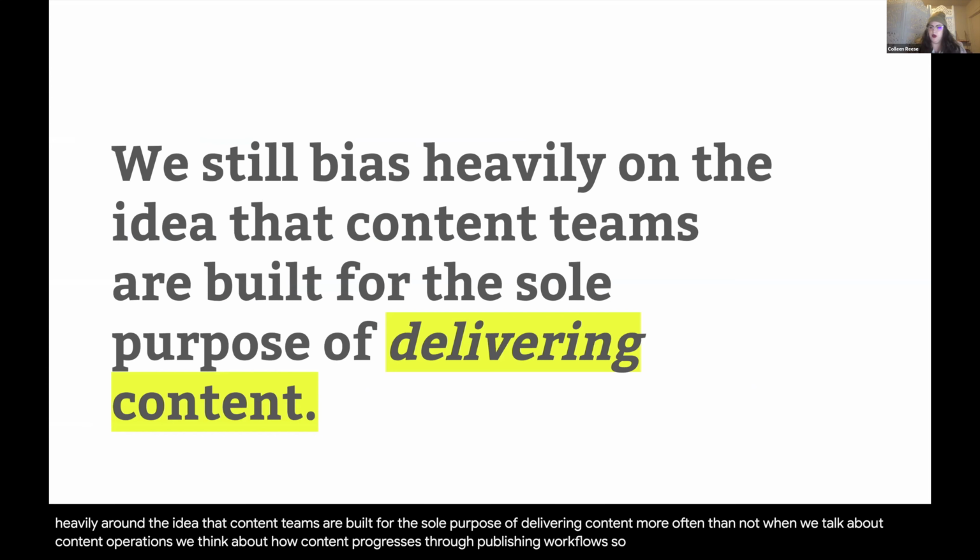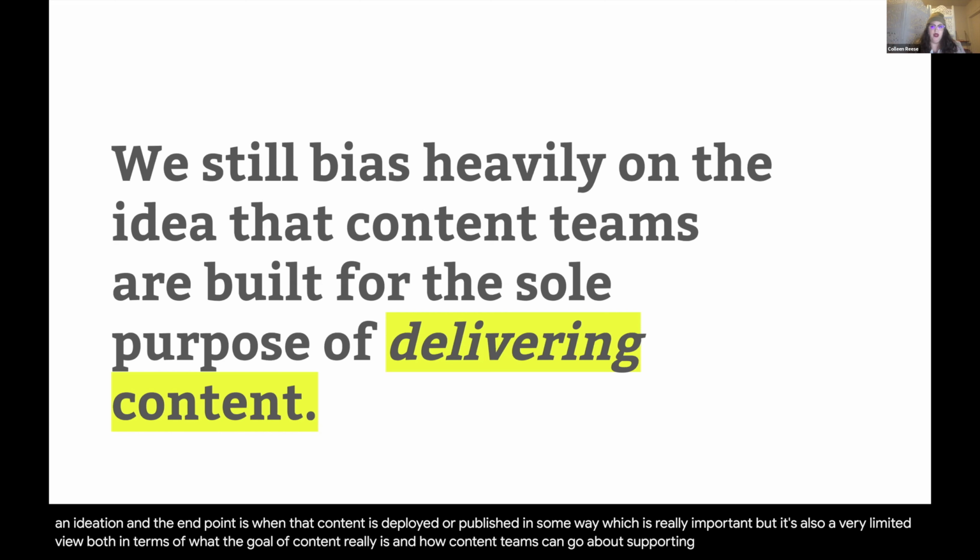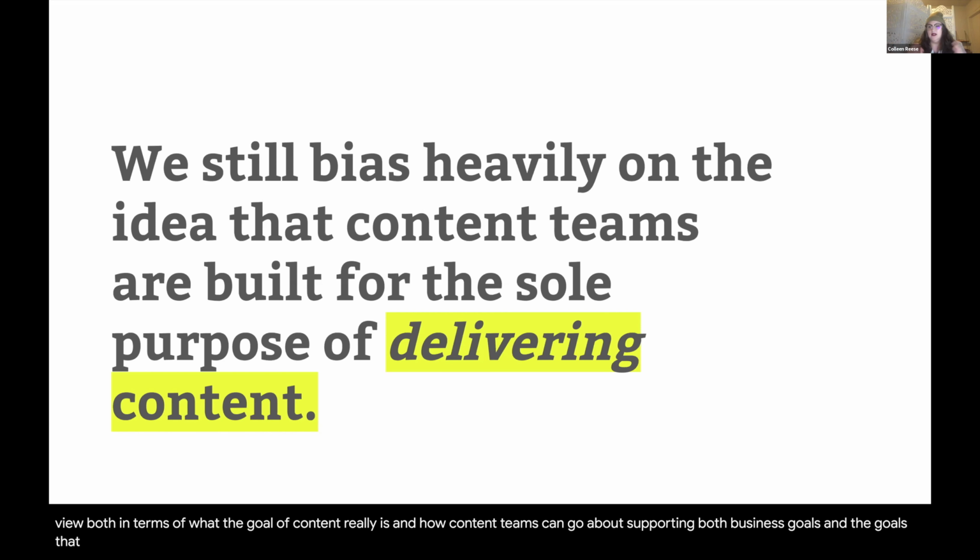The starting point is around planning and ideation, and the end point is when that content is deployed or published in some way, which is really important, but it's also a very limited view, both in terms of what the goal of content really is and how content teams can go about supporting both business goals and the goals that content needs to support.